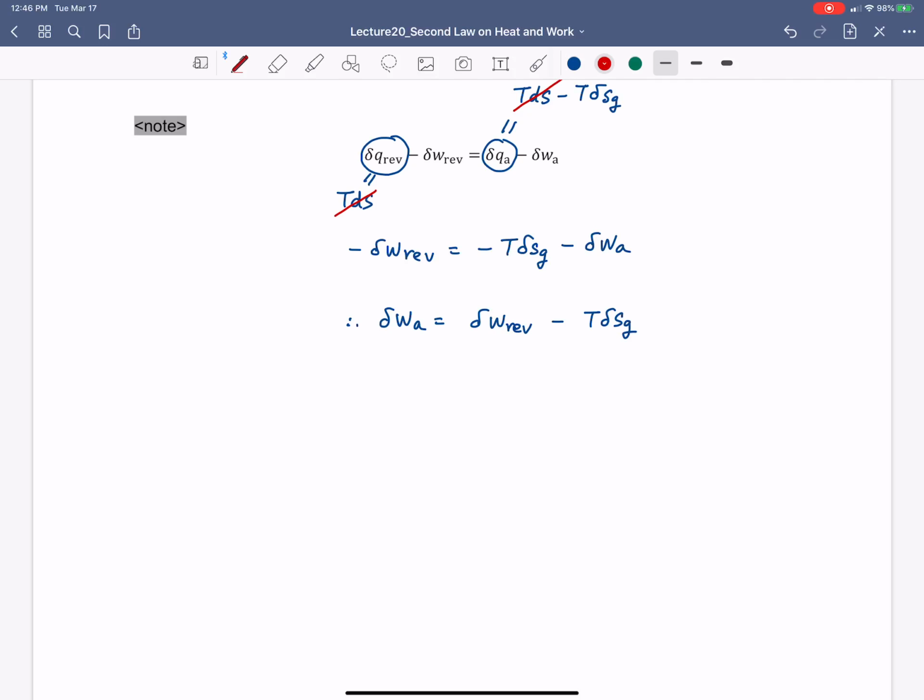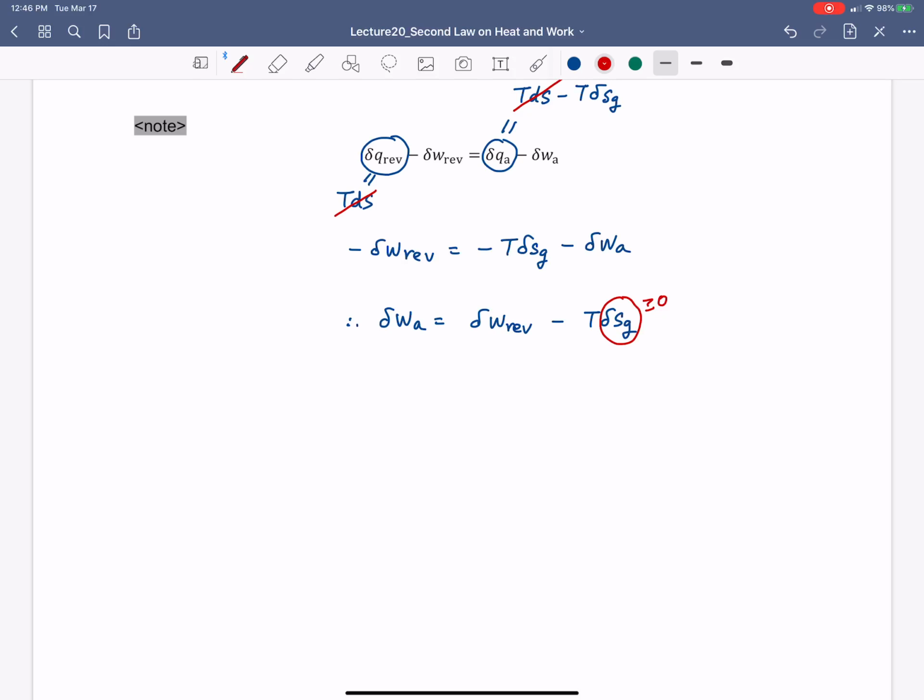This is a very important equation that helps us understand the relation between the actual work and the reversible work. Now again, remember that this delta SG is entropy generation, which is always positive or equal to 0.